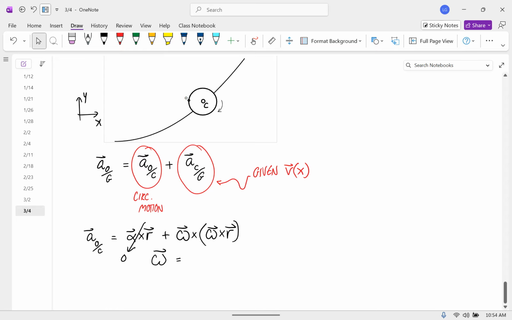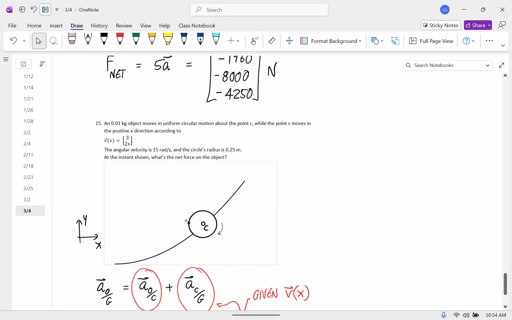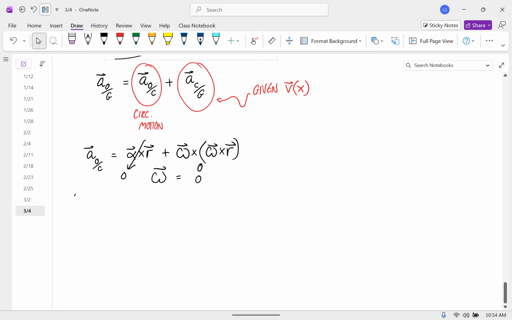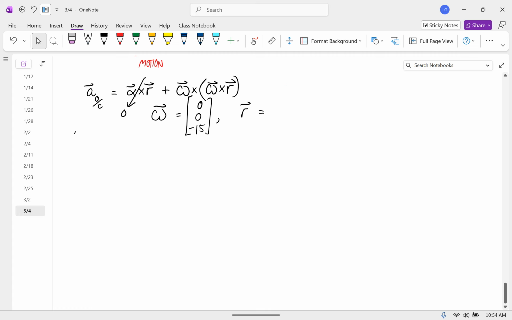That means that omega is in the z direction, and it's 0, 0, and clockwise means negative 15. And then the r vector goes from the center of that circle to O. The radius is 0.25, so this is negative 0.25, 0, 0.